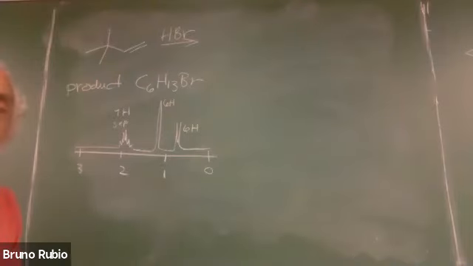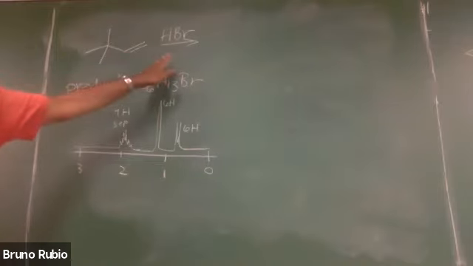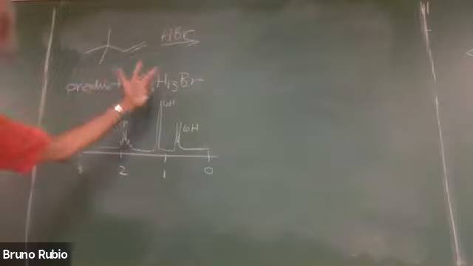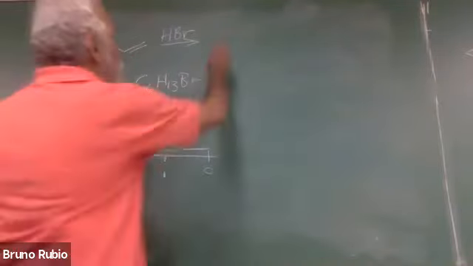So what are we thinking the product should be? Well, here we have this double bond that is going to get knocked out. We're going to get a positive charge at one end of where this double bond used to be, and H at the other end. But we just talked about how we have 2 different possibilities.